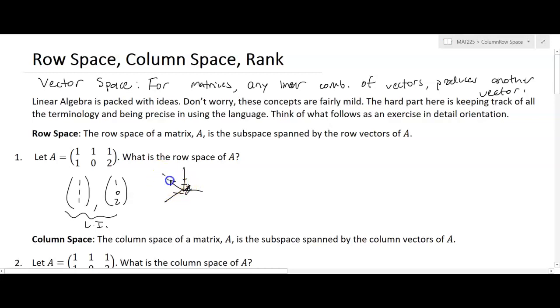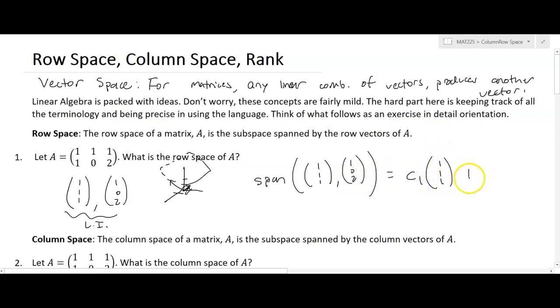If you were to overlay a plane onto this, then the plane would be the space that we can span with this. The way we would often write this is that the span of vectors 1, 1, 1 and 1, 0, 2 is any linear combination of them, C1 times 1, 1, 1 plus C2 times 1, 0, 2.